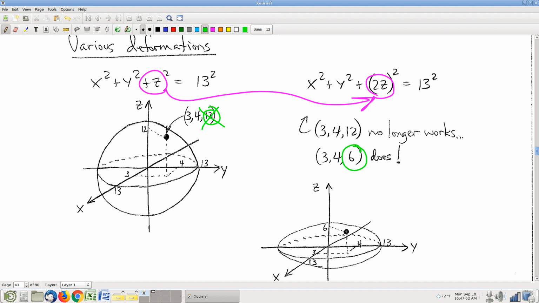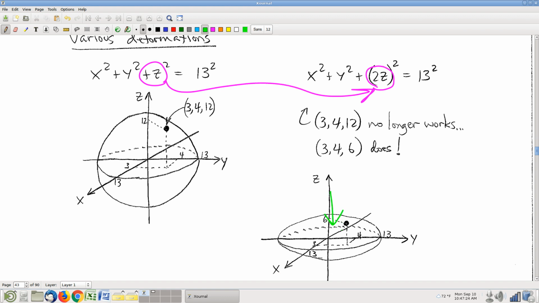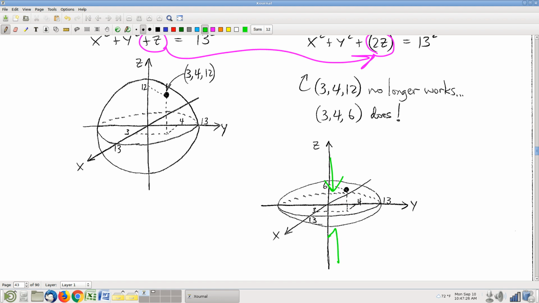You have to divide the z coordinates by 2, in preparation for having to unexpectedly multiply them by 2 later. Okay. Let me say it a little bit differently as well. This algebraic process of replacing z with 2z squishes the surface by a factor of 2. It's the reverse of a magnification. It's a squish by a factor of 2 in the z direction.